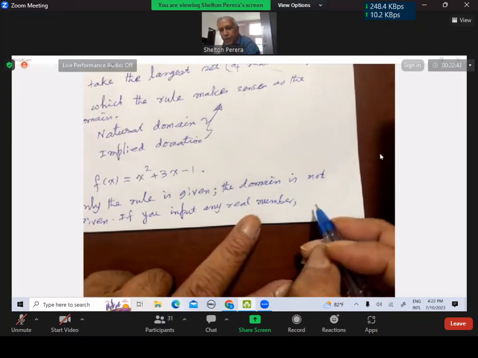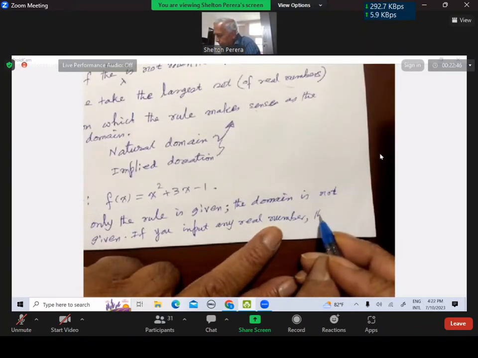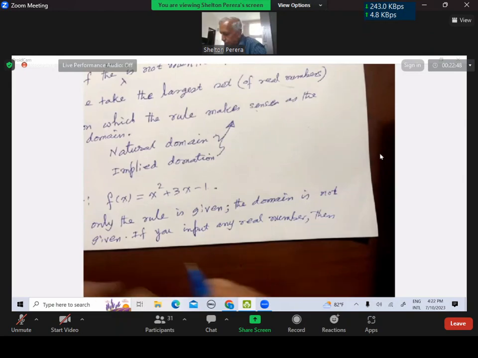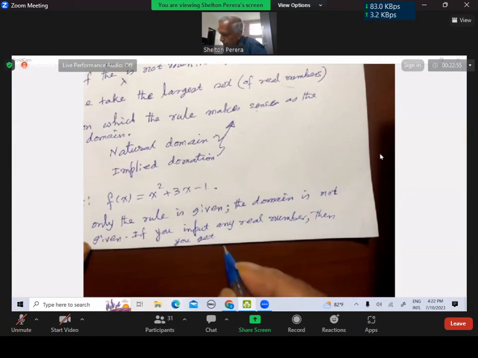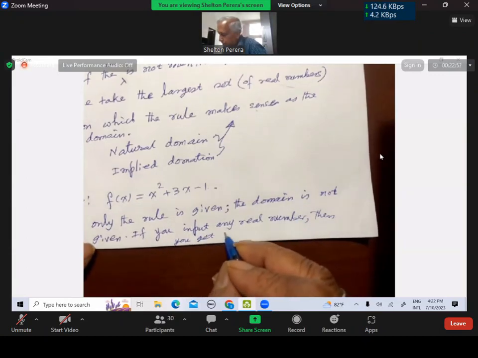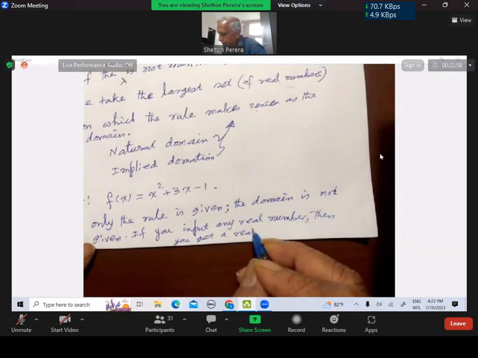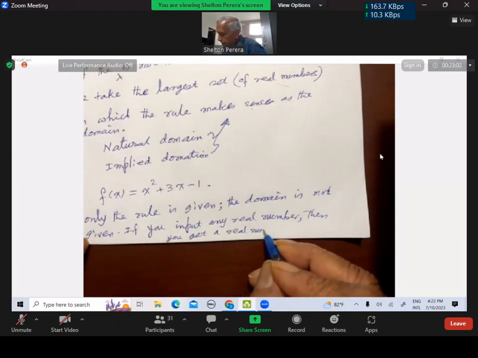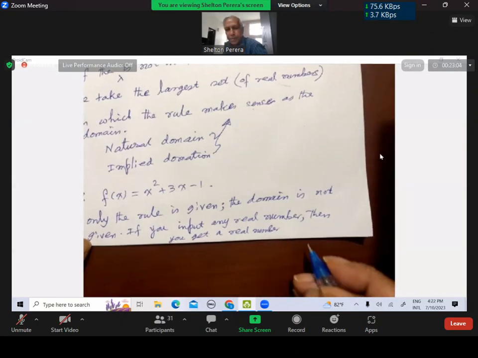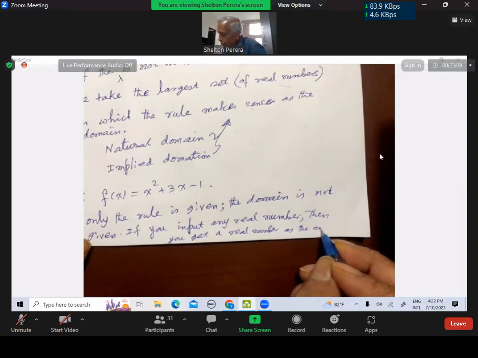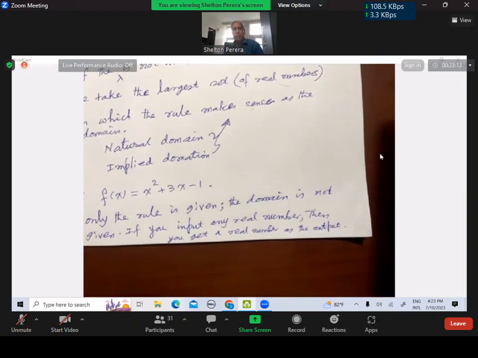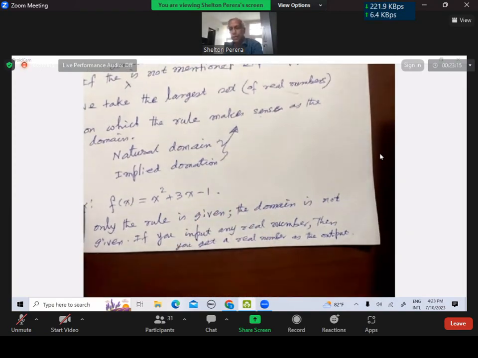If you input any real number, you get a real number as the output. So the input-output rule makes sense.